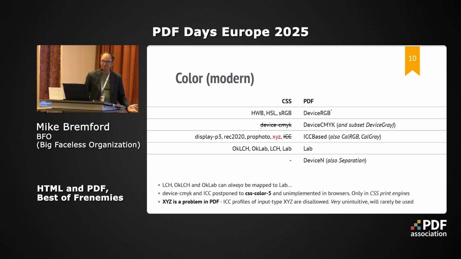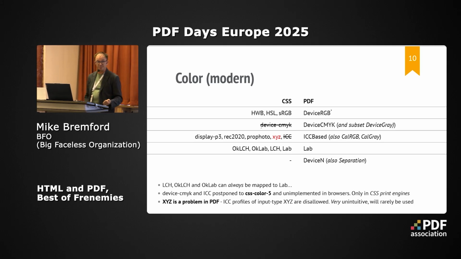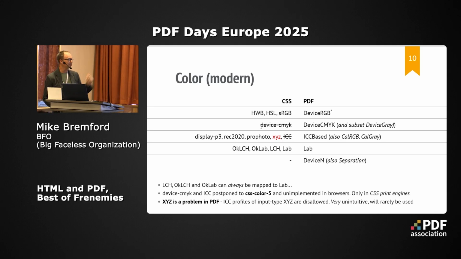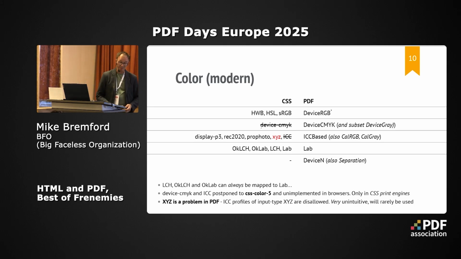However, we actually can't use it in PDF. ICC in PDF is limited to grayscale, RGB, Lab, or device CMYK. So any time we encountered an XYZ color on the web, we would have to convert it to Lab. Now, in practice, this is a hugely unintuitive color space, and I predict it will never be used.